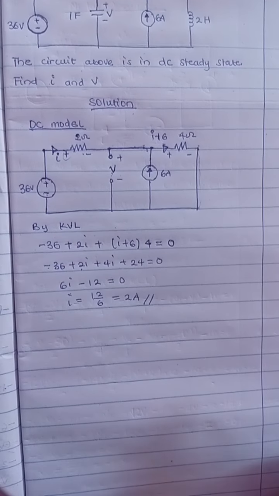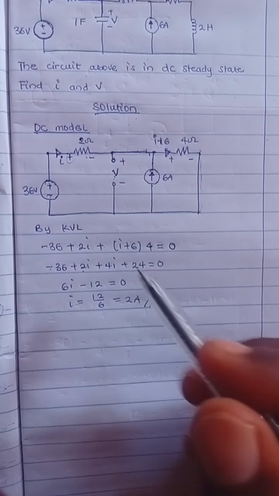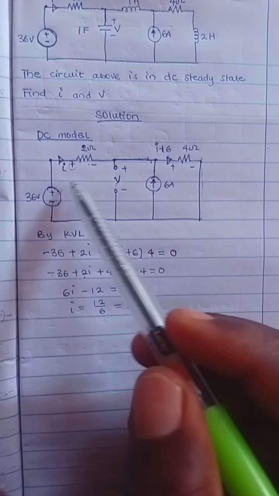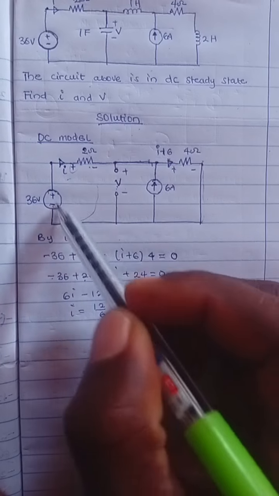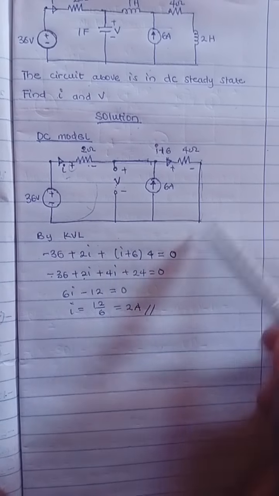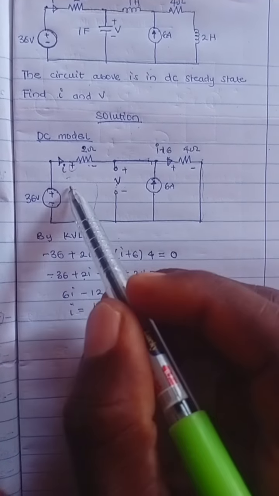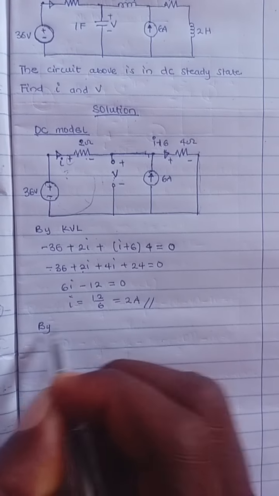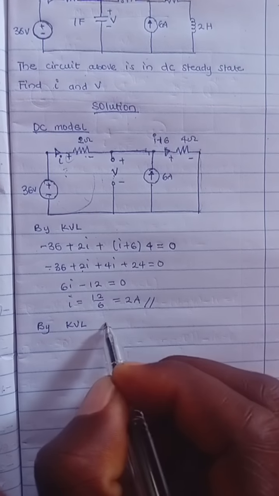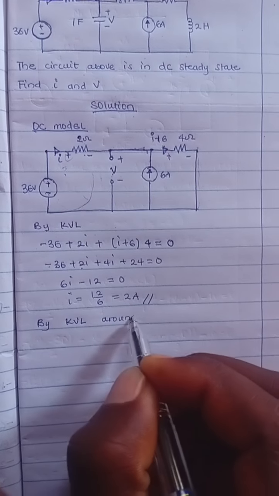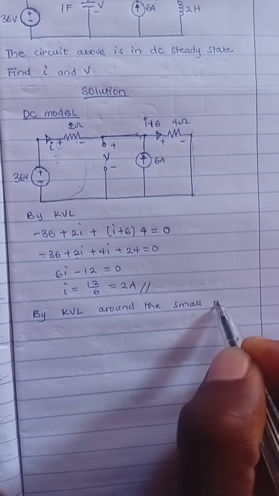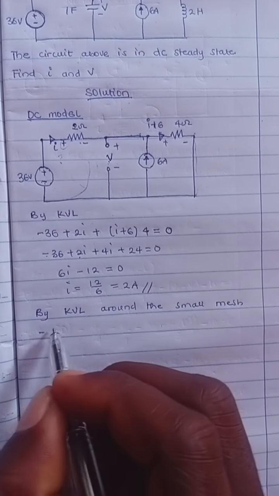If we've gotten the value of I to be 2 ampere, what else is the question asking us to find? We have to find I and V. So how do you find V? You just take KVL around this small loop. Our KVL was initially around the whole loop. So by Kirchhoff's voltage law, around this small mesh, we have minus 36.